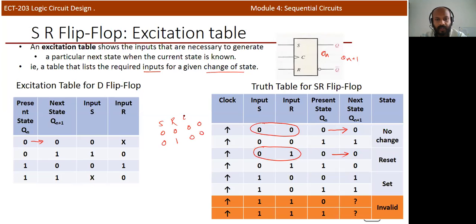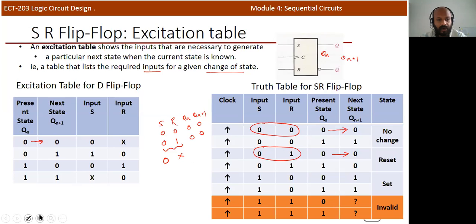So we can write the two states using a single representation: in both cases S is equal to 0, but R can be any value. So I can conclude that when S is equal to 0, we can expect a change from 0 to 0. So we can write 0x.